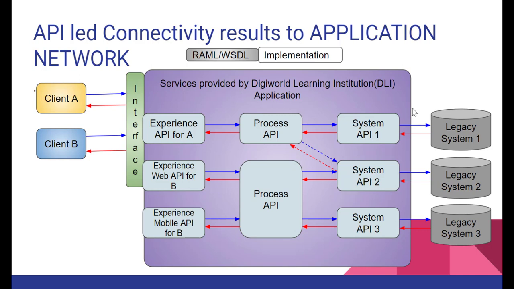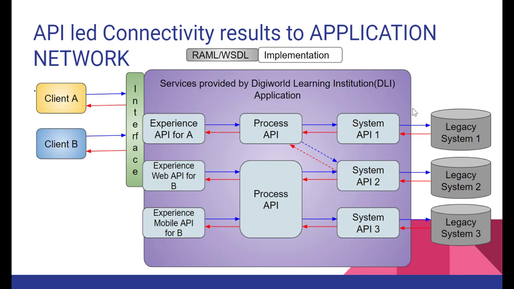In that case, there would be intercommunication between the process APIs. There could be intercommunication between different process APIs. Also, the process API can interact with different experience APIs.